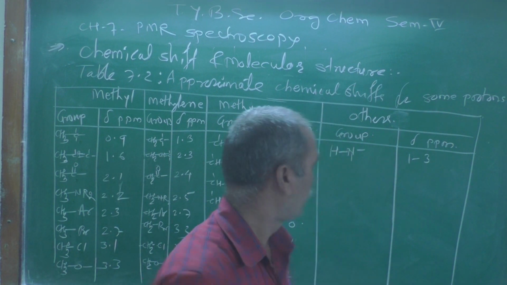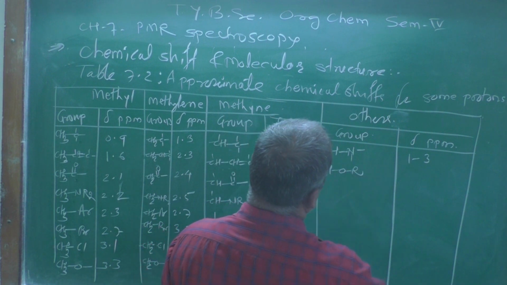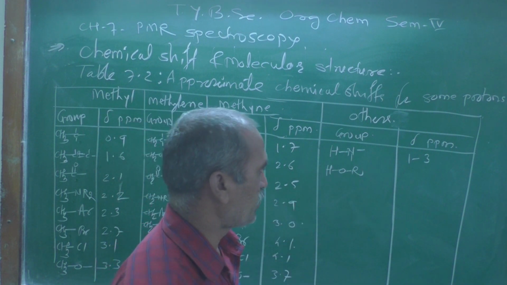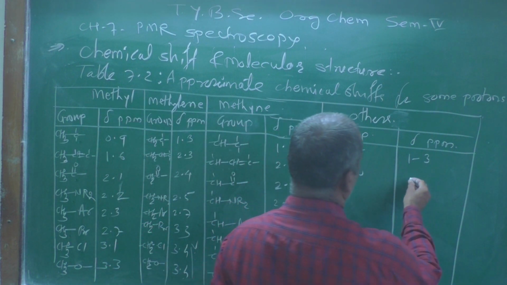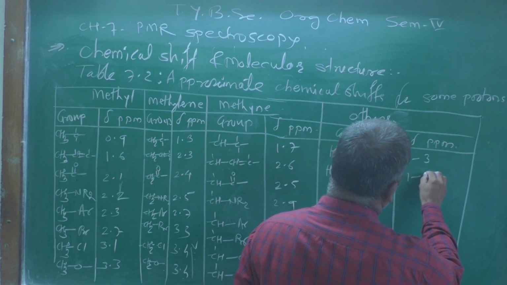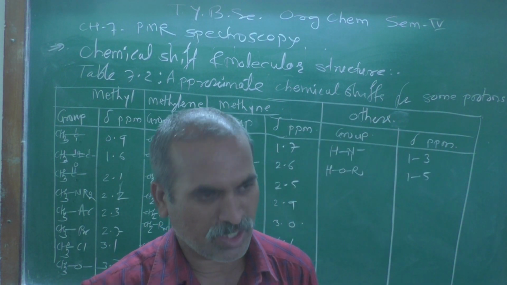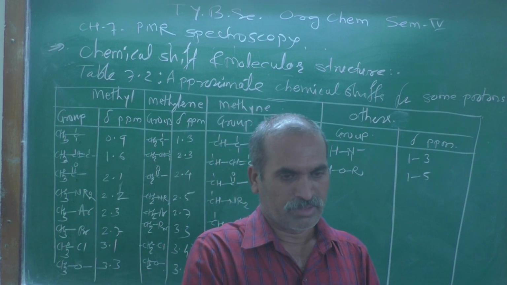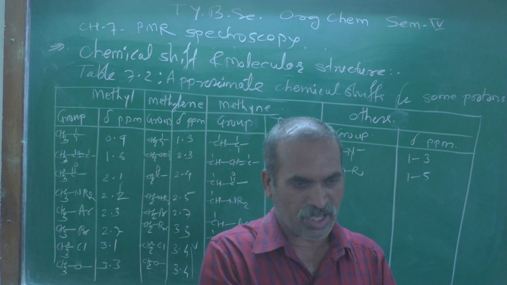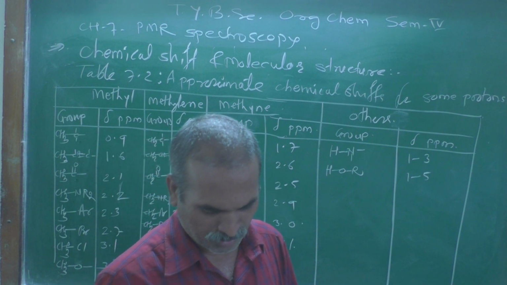And when that proton is directly attached to alcoholic or enolic oxygen, there again it is variable, and for alcoholic it is observed to be 1 to 5 ppm. There is a broad, long variable range found for this proton.